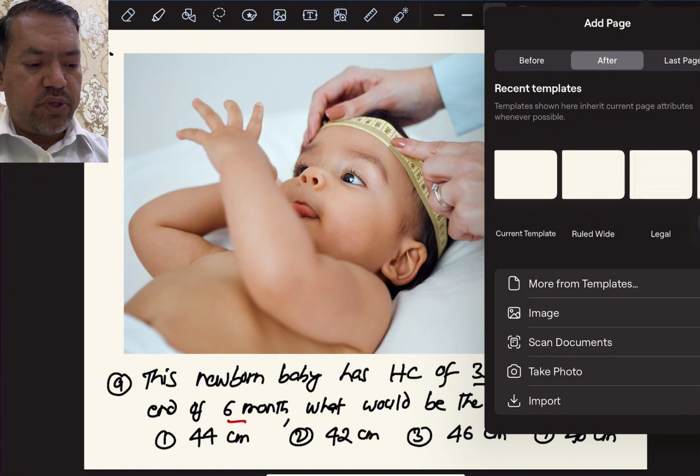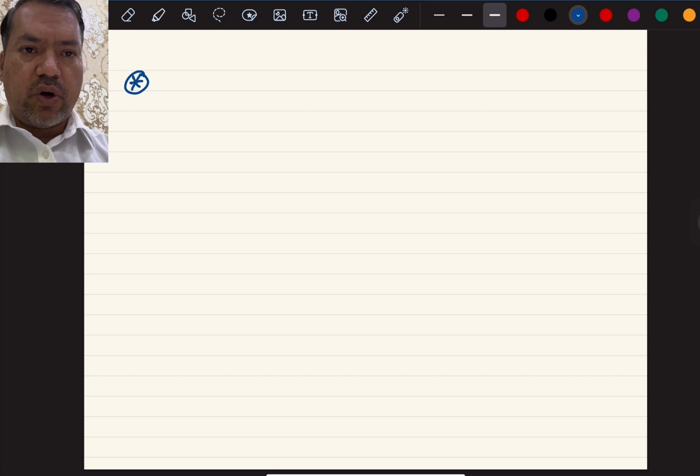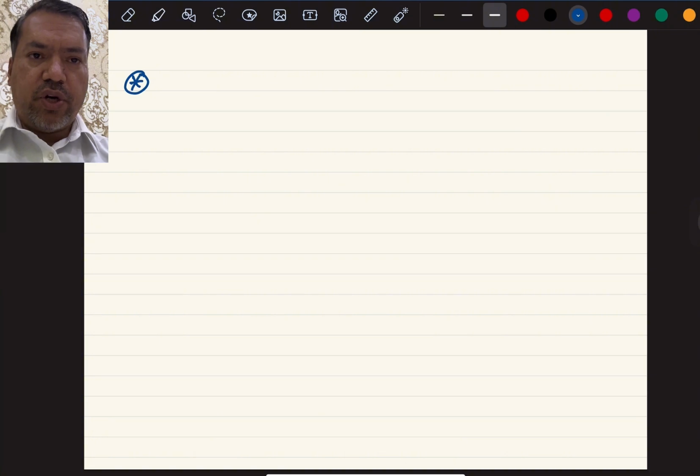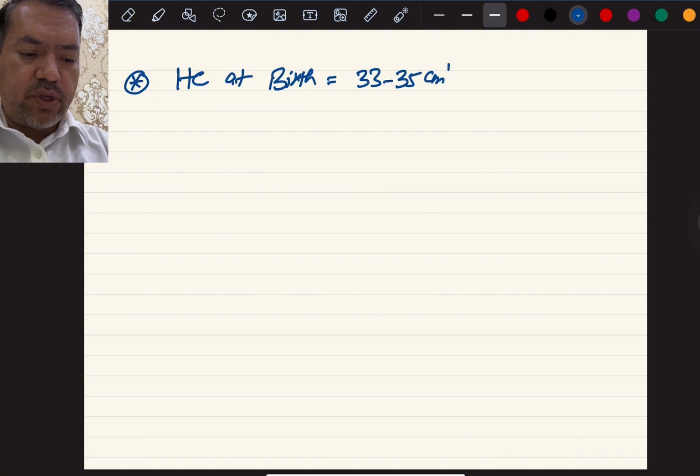Okay, now see here. So for this, we need to know some important points here. What is the rate of growth of the brain in early neonatal period or early infantile period? Now head circumference at birth is around 33 to 35 centimeter in a full-term baby, okay.